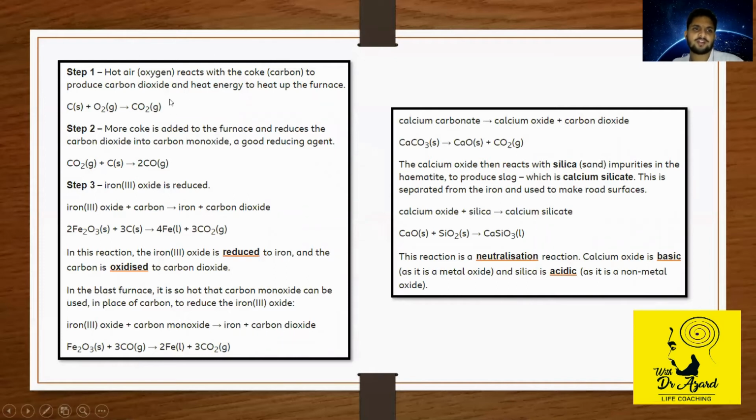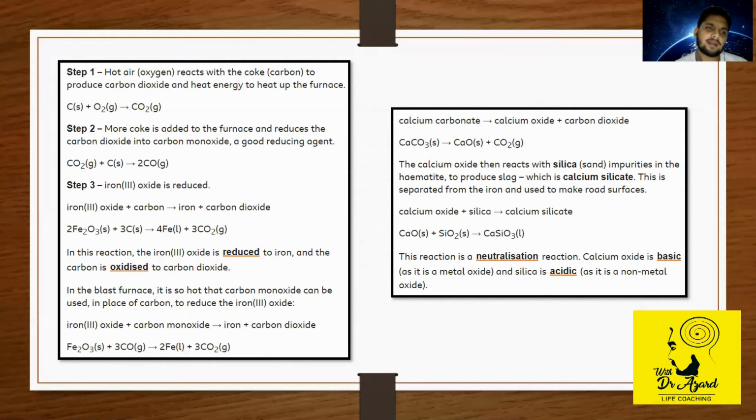So the first reaction is, we will see the carbon or the coke that we add will react with the oxygen to produce carbon dioxide. Okay, and the carbon dioxide as a next step will react with carbon, or the coke, and form carbon monoxide.